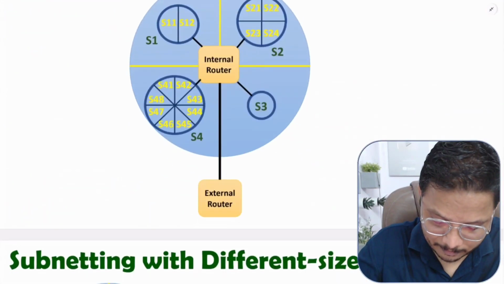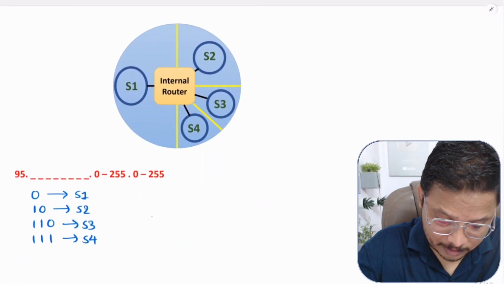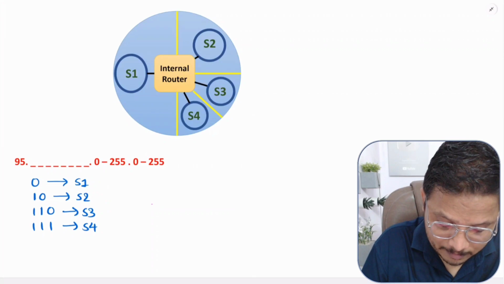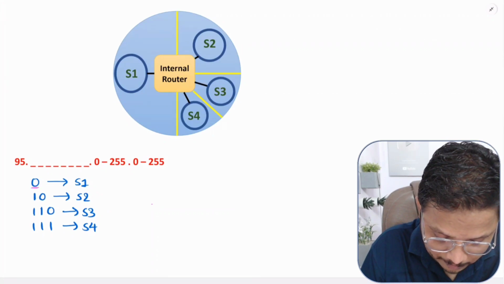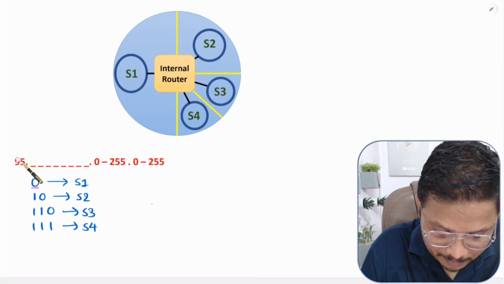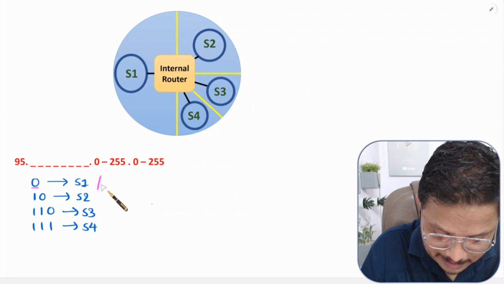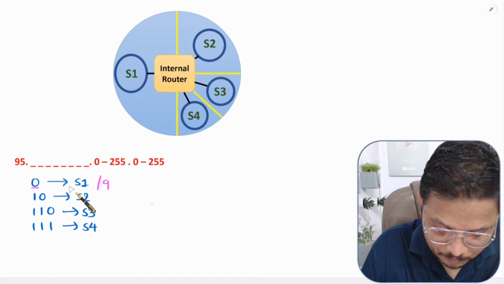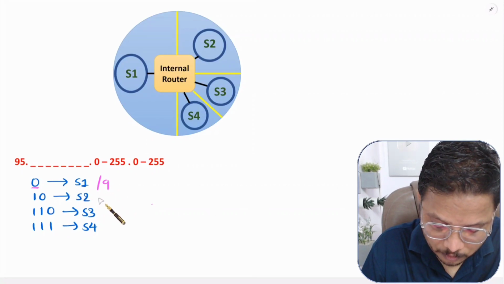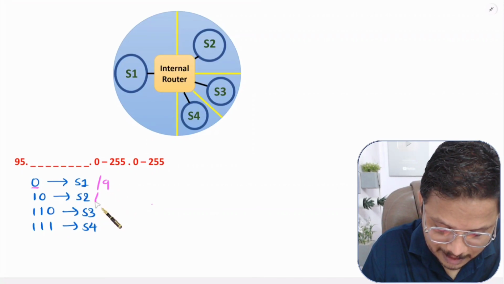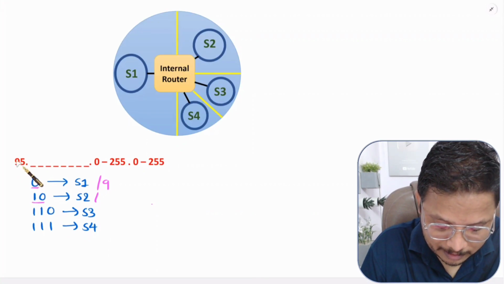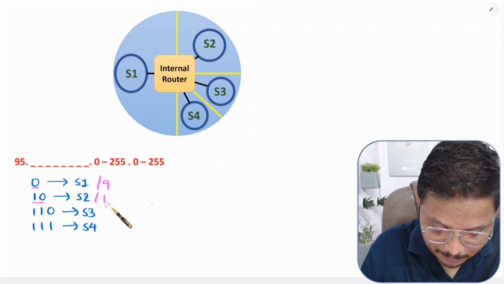Right. So here, S1's subnet ID has 1 bit, and 8 bits are there with 95. So I can say the subnet mask will be /9 over here with S1. With S2, the subnet mask will be 2 bits for the subnet ID and 8 bits for the network ID, so that will be /10.